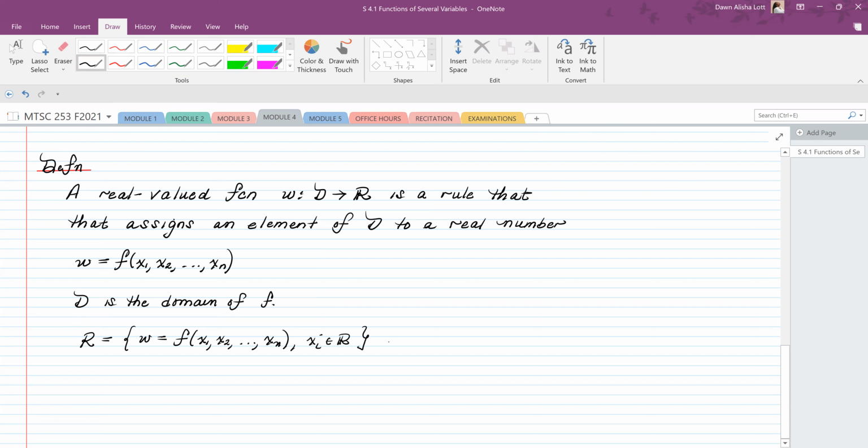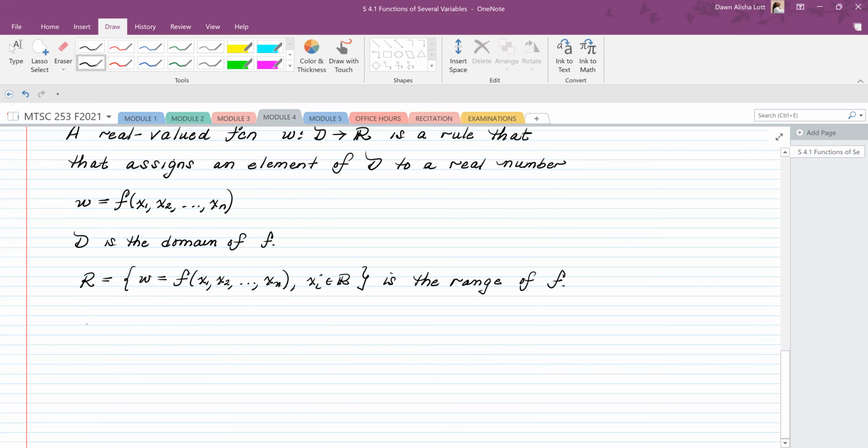This is the range of F. So the xi's, x1, x2, all the way up to xn, are the input variables.